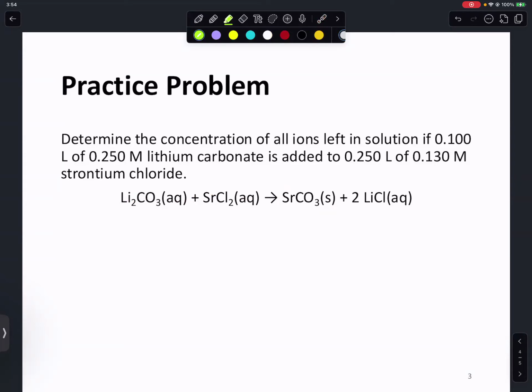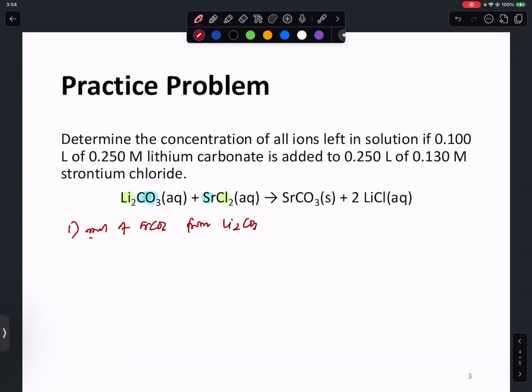As a reminder, we have already determined that lithium and chloride are the spectators. So I am looking at carbonate or strontium as my limiting or excess. So let's start with first calculating the moles of strontium carbonate from lithium carbonate.